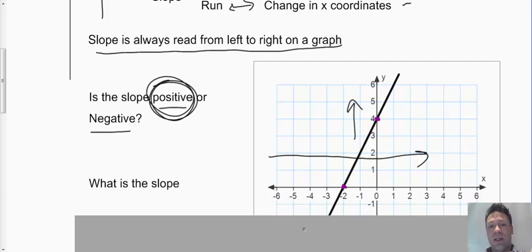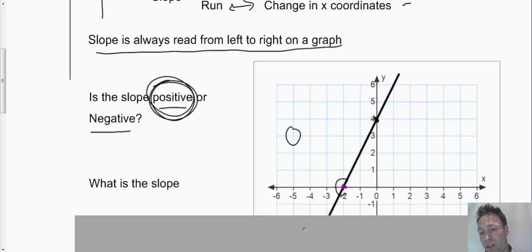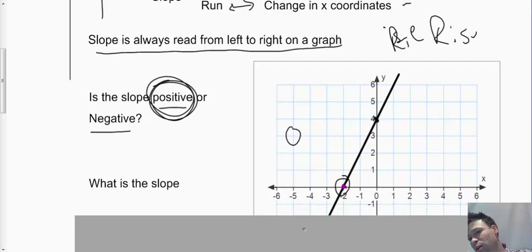Next thing we want to talk about is, what is our slope? What we want to do is look at where this line crosses intersecting grid marks. The first place I notice is right here. And we always want to think of rise over run.